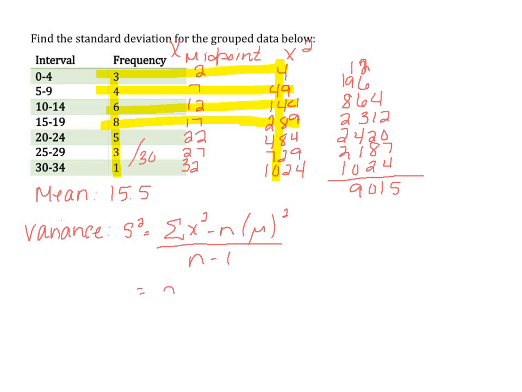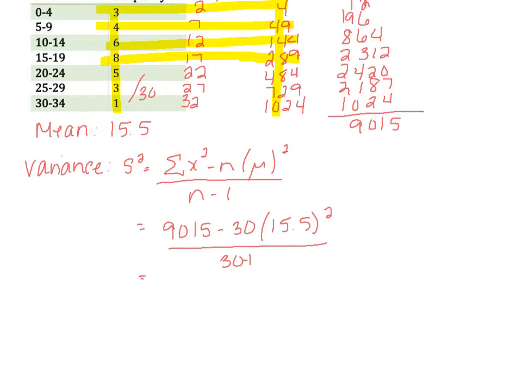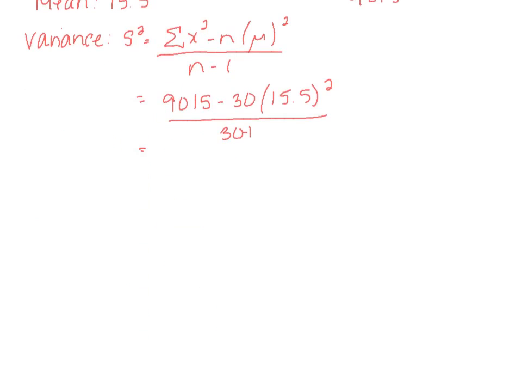So the sum of x squareds was 9,015. The number of values we have is 30. The mean was 15.5 squared, over 30 minus 1. Using the order of operations, we'll have 9,015 minus 30 times 240.25, so 15.5 squared, over 29.